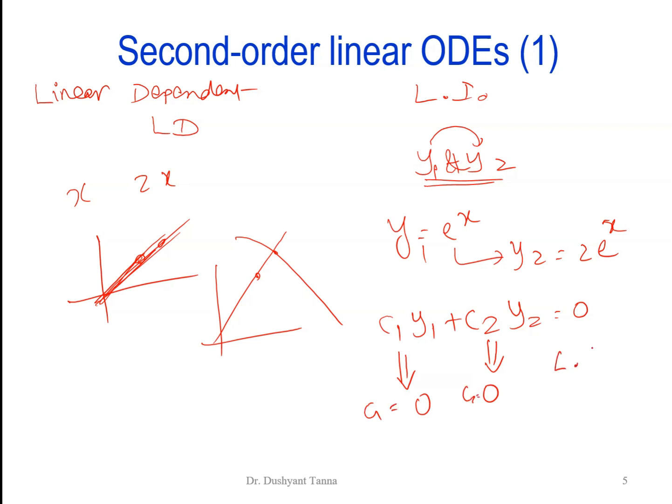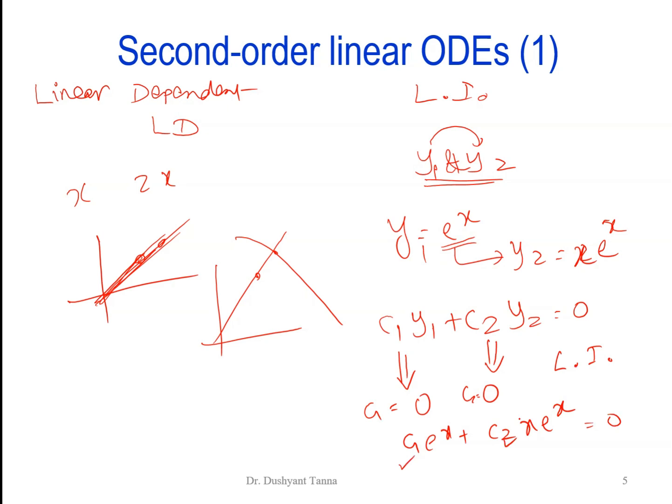If that happens, they are linearly independent. An example of linear independence is e raised to x and x e raised to x. If you write c1 e raised to x plus c2 x e raised to x, the only way you can make it 0 is to take c1 and c2 as 0.